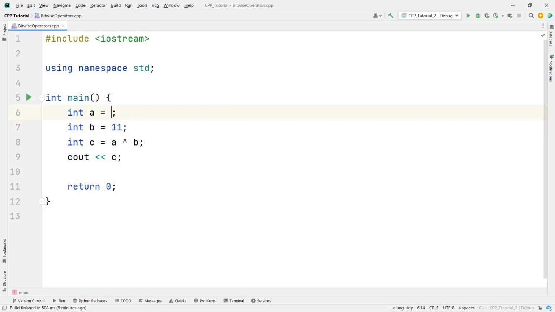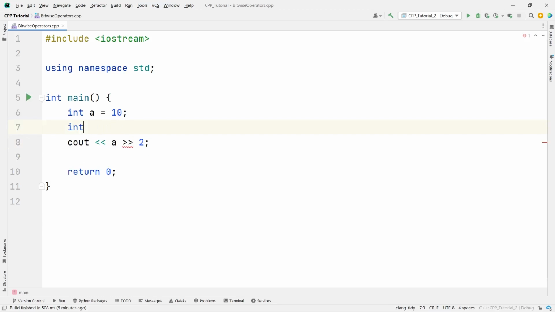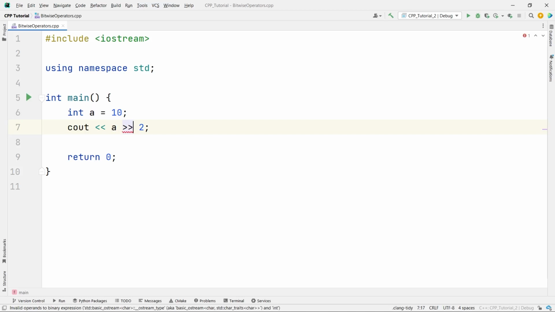So here, let me take 10 and I will write simply here A right shifted by 2 units. And here, because in C++, this symbol is also used for taking input from the user, what we do is we can give a bracket like this so that the compiler does not get confused.